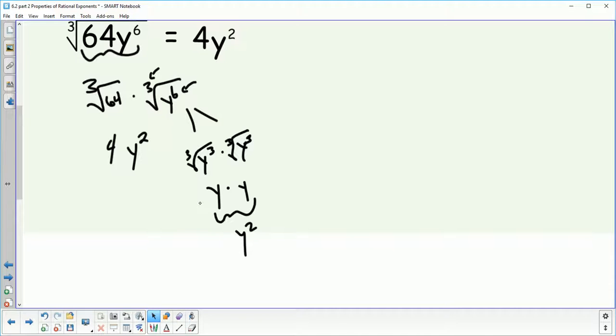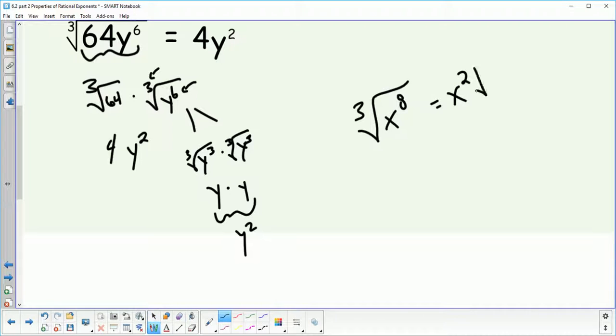Sometimes it works a little bit better when we don't have a nice even number. For example, if I said the cube root of x to the 8th. Well, I like to think of that as division. 8 divided by 3, I know that it goes in twice. So I end up with x squared outside, but I still have 2 left over, which means I still have to have the cube root of x squared inside.